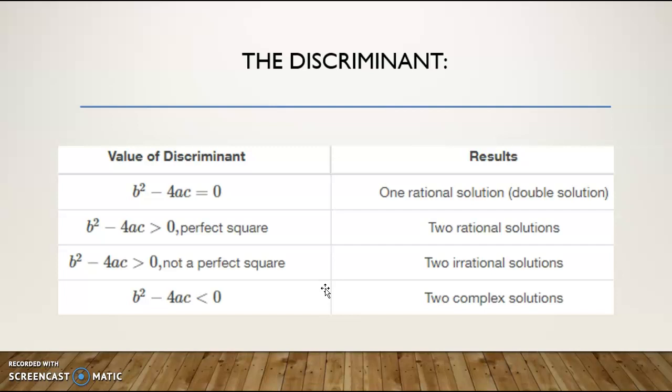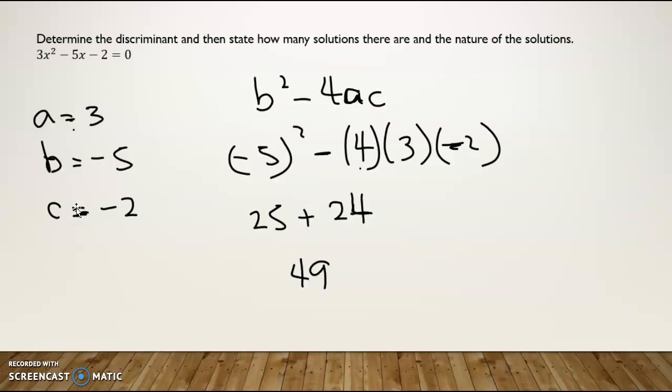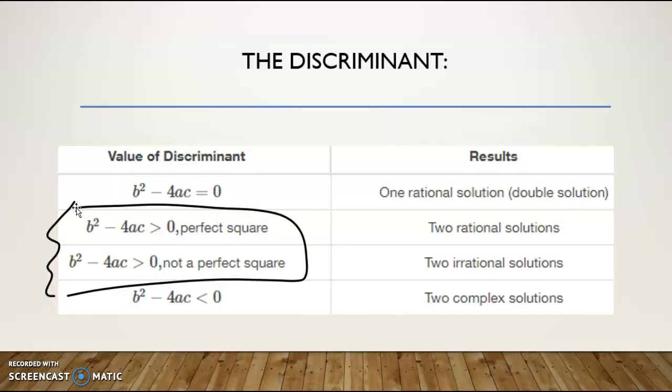So we've got greater than 0, so one of these two right here. Is it a perfect square? So if I can square root it, will it come out to a whole number? Well, yeah, the square root of 49 is 7. So that is a perfect square.